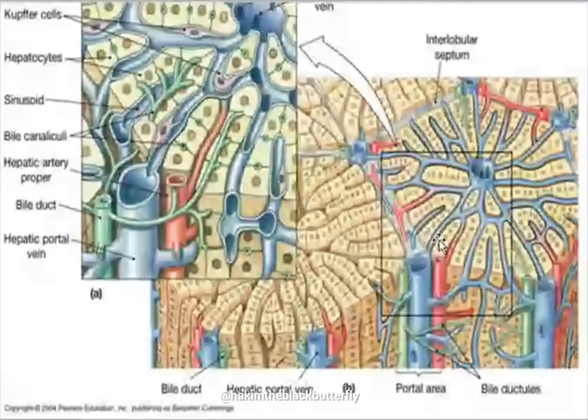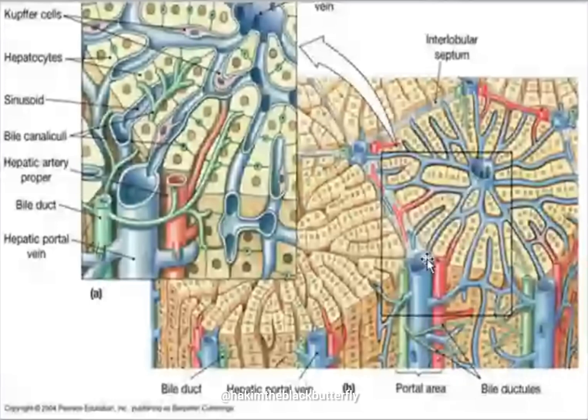These small blood vessels are known as sinusoids. So deoxygenated blood is going to move from the branch of the portal vein. It will pass through the sinusoids, and it will in turn pour into the central vein of the liver.